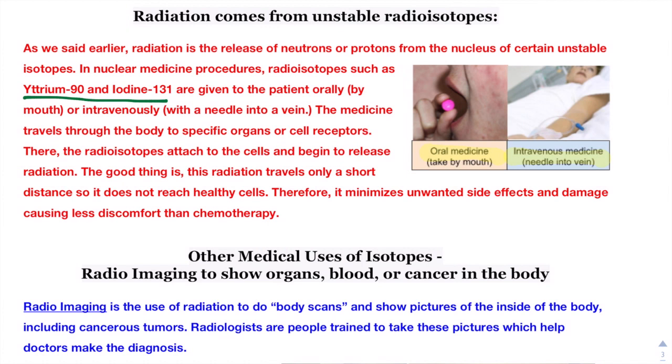So rather than the medicine going to all the parts of the body like it does with chemotherapy, and then making hair fall out and all those other side effects, it is just in that one area where the tumor is. And then it releases the radiation right in that area where it's needed.